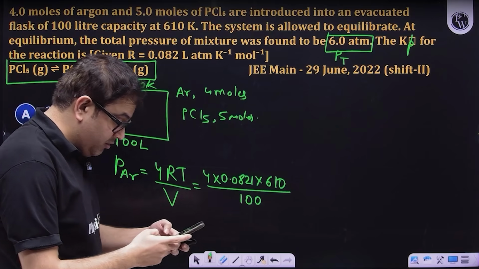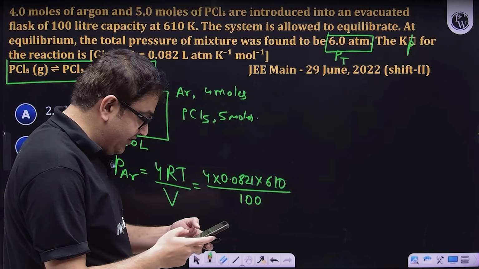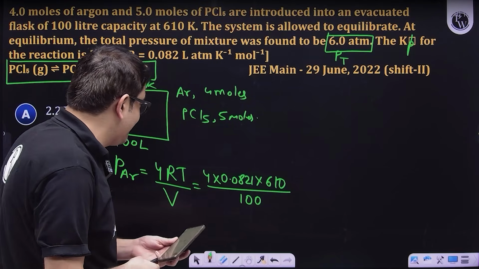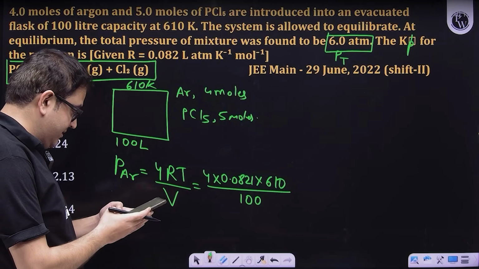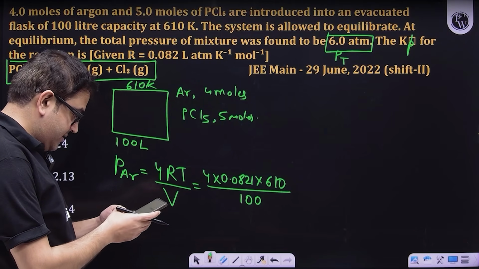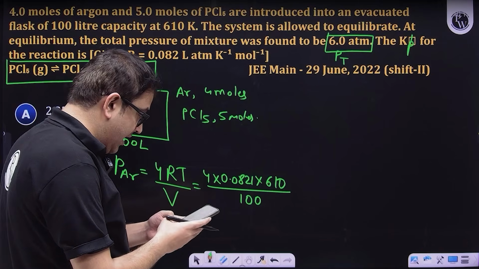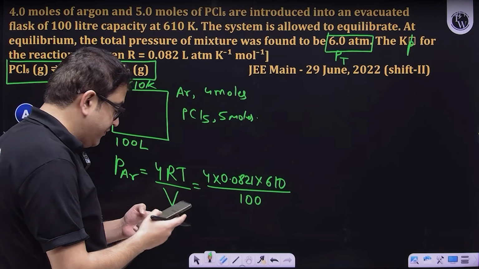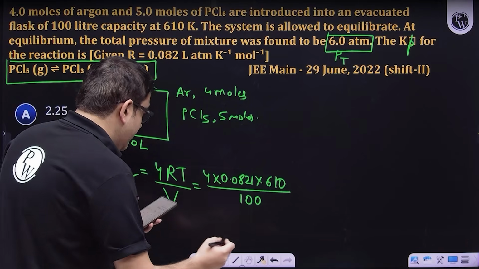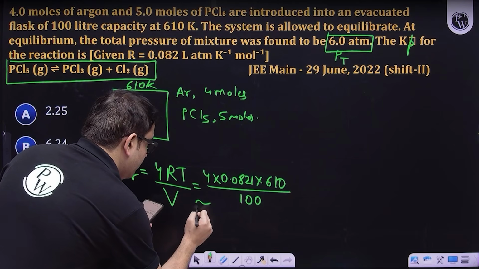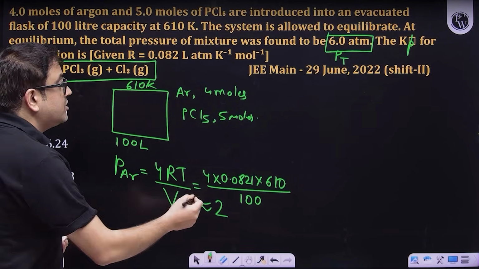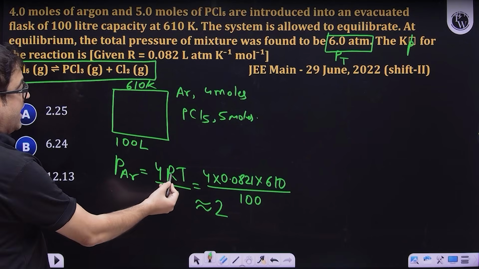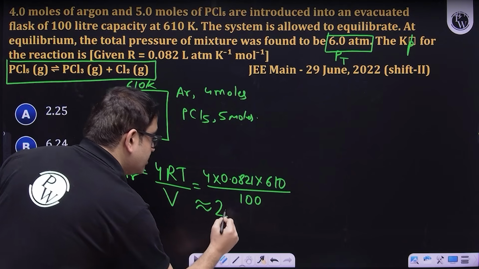But at home, religiously, you have to do this, because you have to do well in your paper, and you have to be very comfortable with your calculations. It will be around, you can approximate it to be 2. Almost it is 2 only. What is the unit, sir? R is in atm, so this is 2 atm.